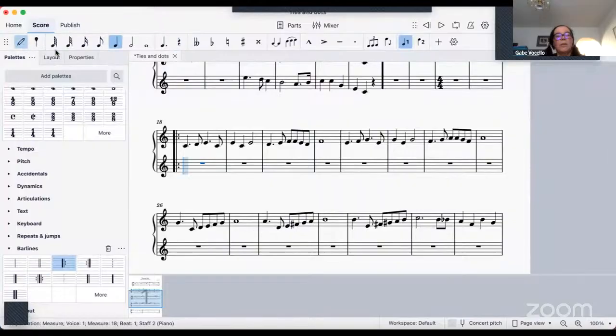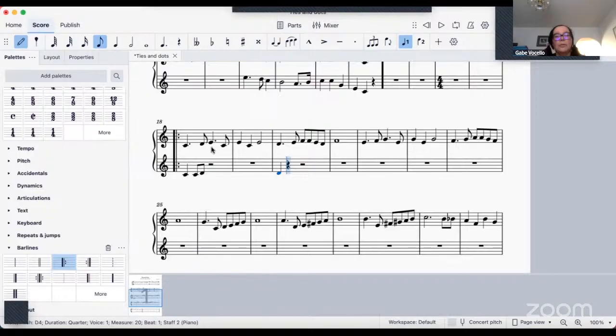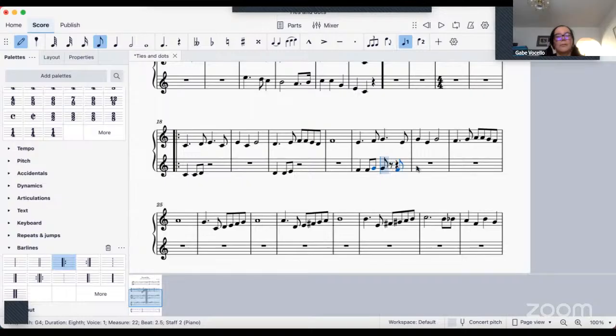So a dotted quarter note is a quarter note tied to the eighth note.